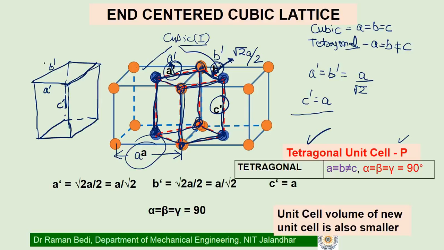We said 14 Bravais lattices means these are the unique ways in which lattice points can be arranged in three-dimensional space. And because cubic I does not happen to be a unique way, because it can already be described by another system, which was tetragonal P, we remove that, and it is not available to us in the 14 Bravais lattices.